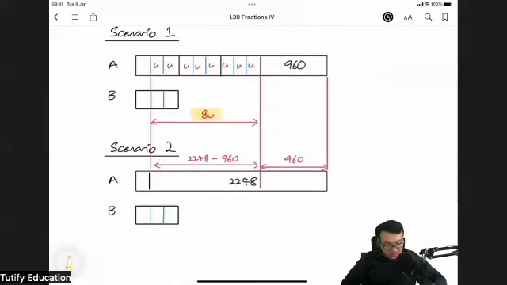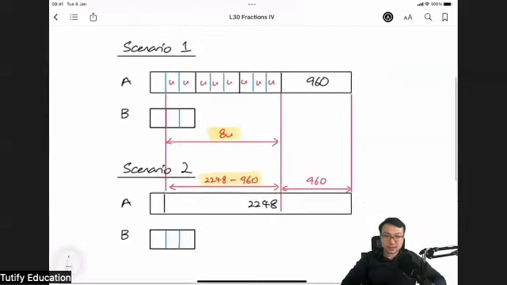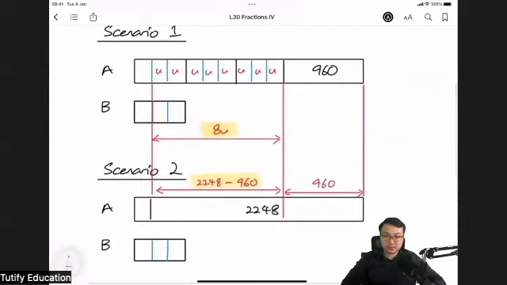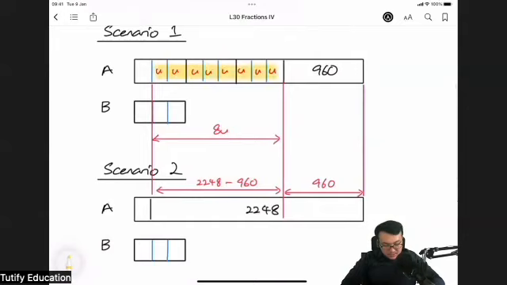So what can you say about the 8 units? 8 units equals to what? I highlight for you already here. 2248 take away 960. Very good. Because why is it the case? Why are they the same? You notice that this is 8 units.